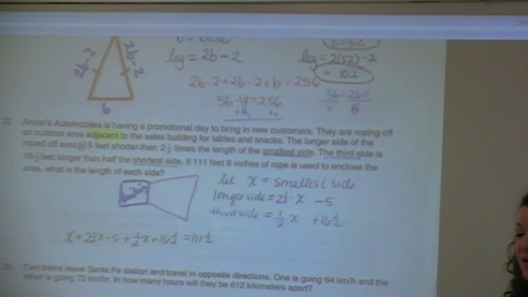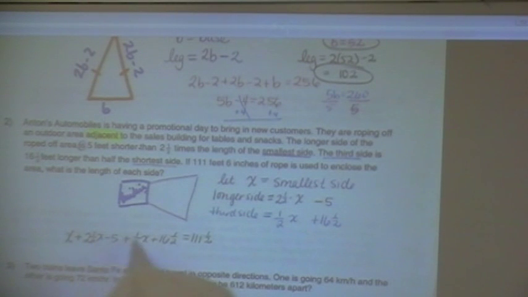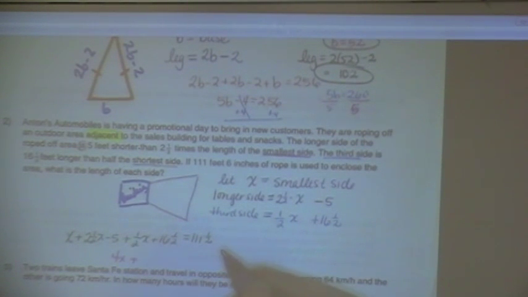Now it is just an equation to solve. So I'm going to combine like terms. X plus 2.5x plus 1/2x is 4x. 2.5 plus 16.5. Oh wait, what am I? Oh, okay.